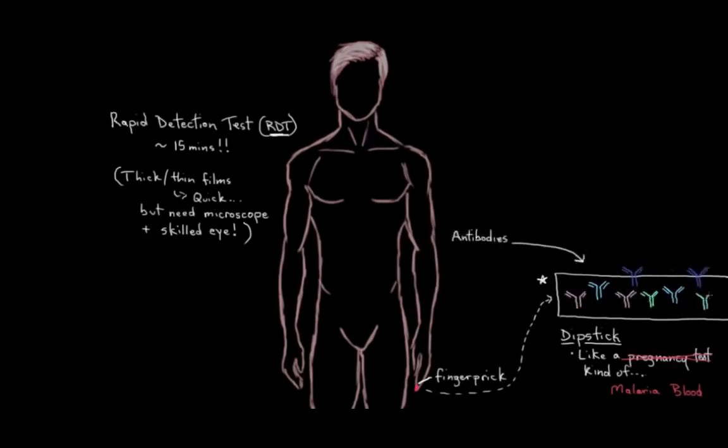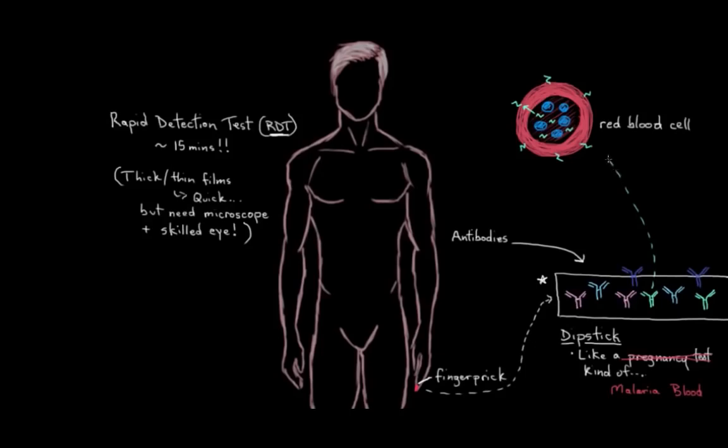And so these antibodies essentially look for two different things in the blood. So let me set you up here. When red blood cells get infected with malaria parasites, our red cells start to produce enzymes that end up being displayed. They get stuck onto the outside of our red cell membranes. And so some of the antibodies on the dipstick will be looking to grab onto any of these enzymes that they might be able to find in the blood sample, right?